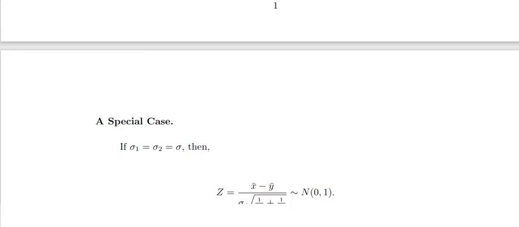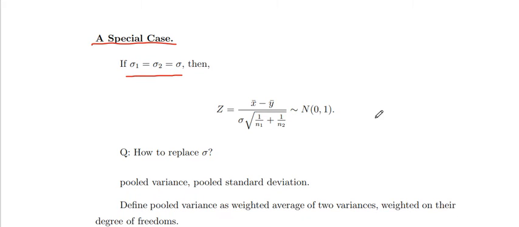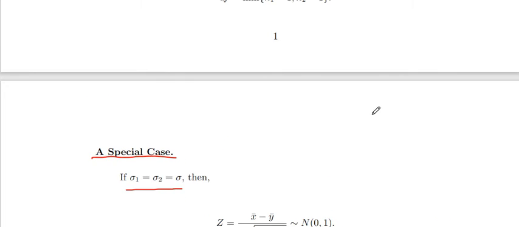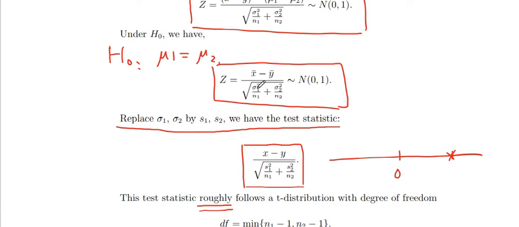So now today let's consider a special case. If sigma 1 equals sigma 2 equals sigma, then we can take sigma outside, since sigma 1 square and sigma 2 square become sigma.